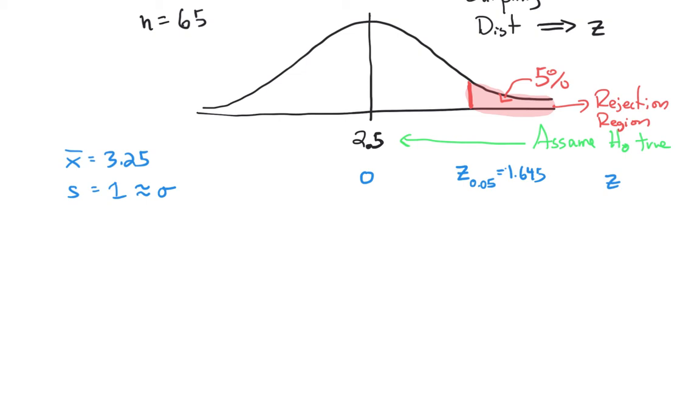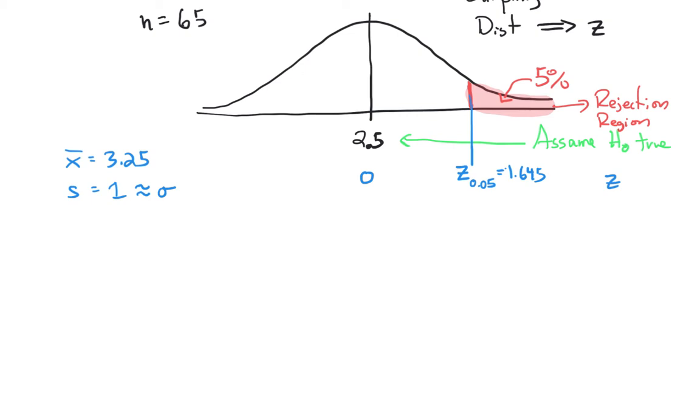So we have to ask ourselves, if our sample is more than 1.645 standard errors above the mean, then we're going to say it's too extreme for us to believe that the mean could be 2.5.